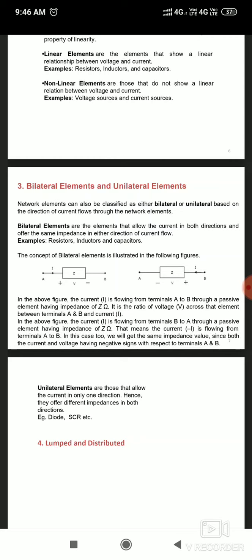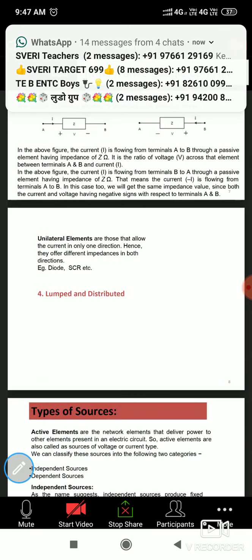When anode is more positive with respect to cathode, in that case only the diode becomes forward biased and allows the current to flow. But when anode is negative compared to cathode, diode is in reverse bias. In that case it will not allow the current to flow, it acts as an open circuit. Such types of elements are called unilateral elements. SCR is one more power electronic device.